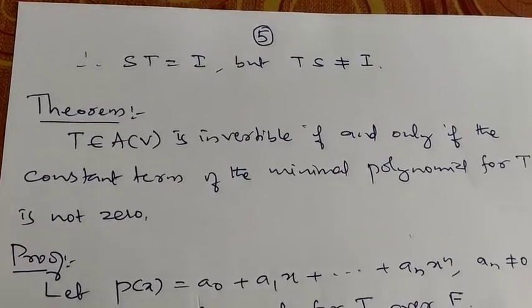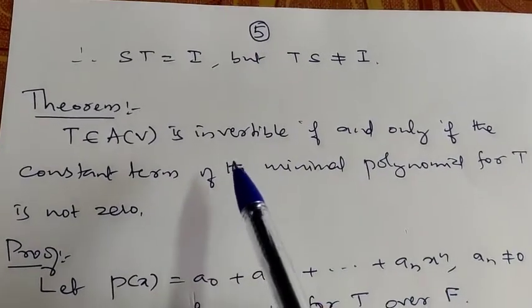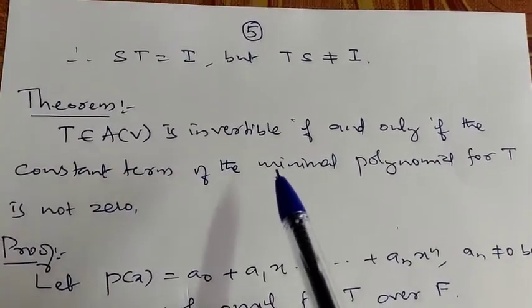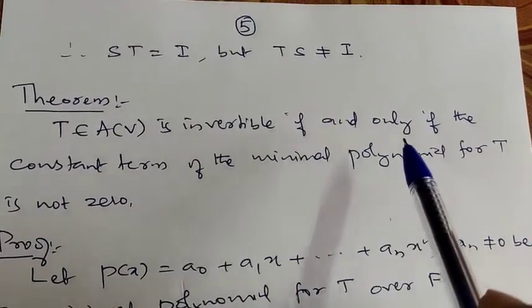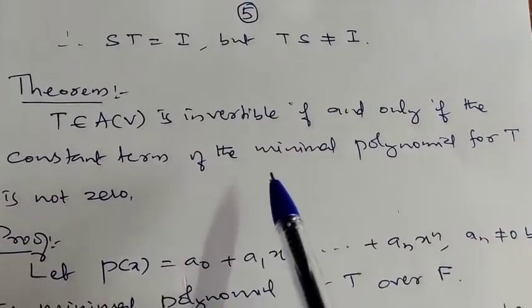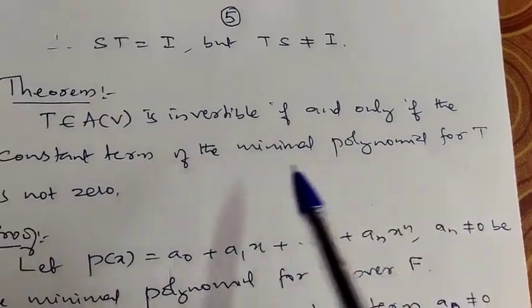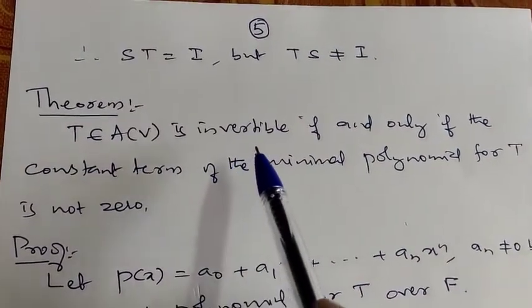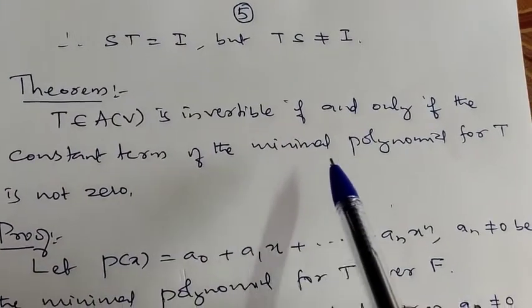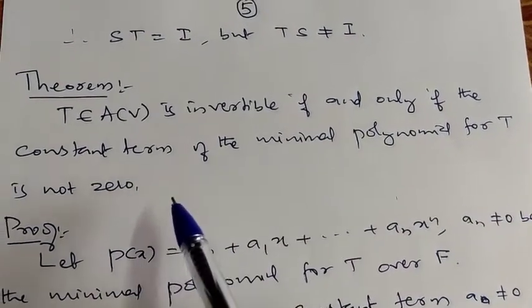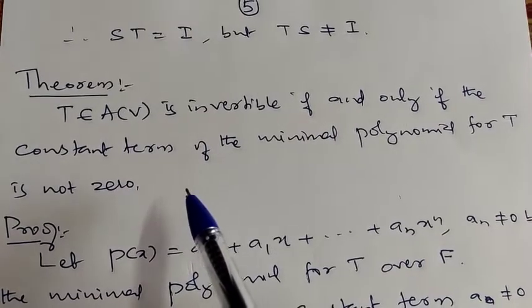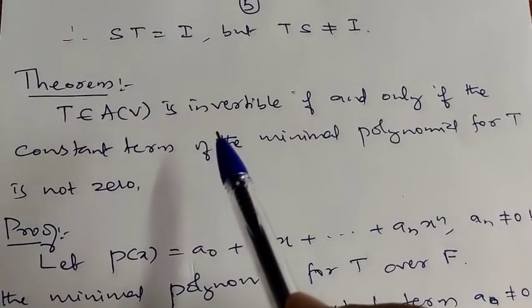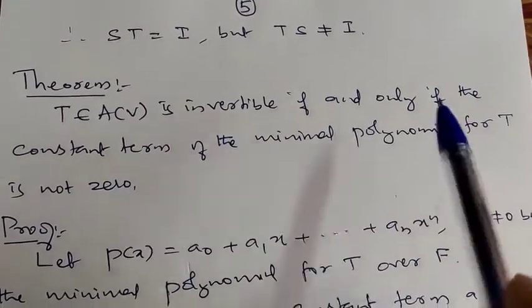Next, we have a theorem. Look here. Suppose T belongs to A of V. Then T is invertible if and only if the constant term of the minimal polynomial for T is not 0. You know that a transformation T belongs to A of V definitely satisfies some polynomial.